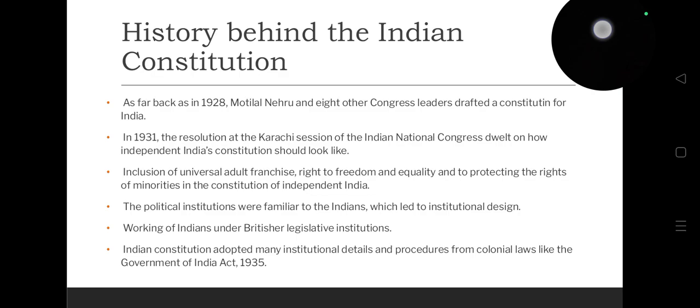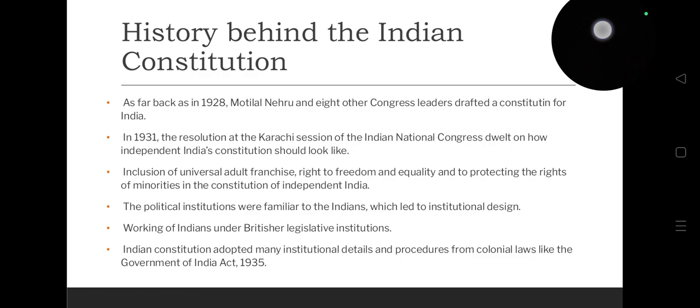In 1931, the resolution at the Karachi session of the Indian National Congress dwelt on how independent India's constitution should look.